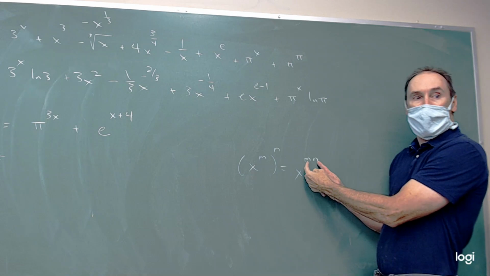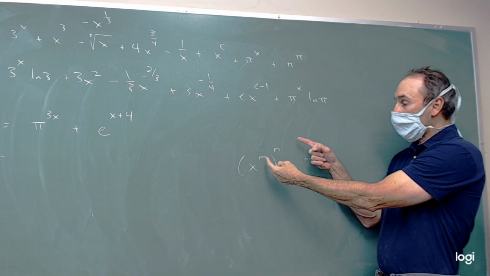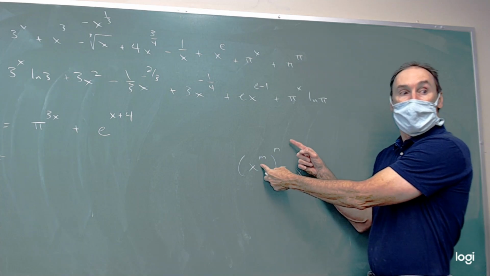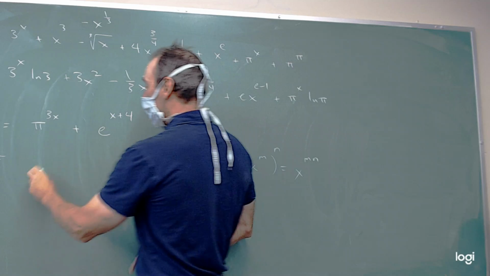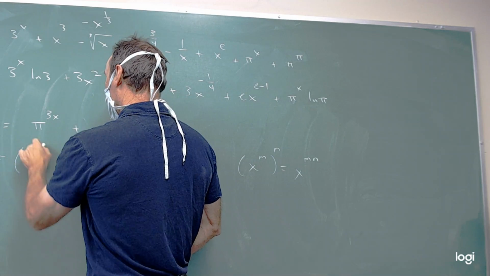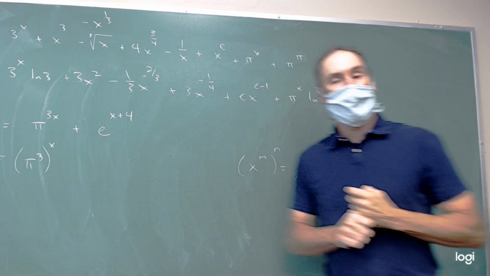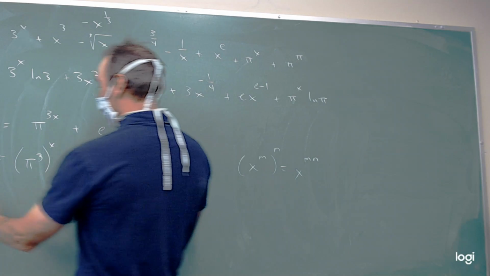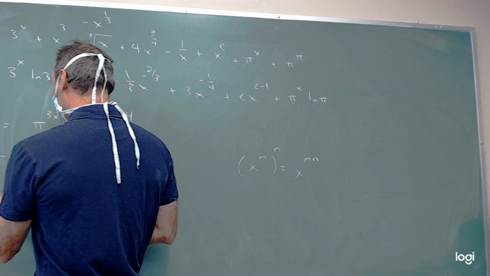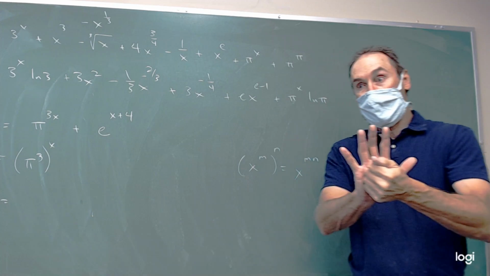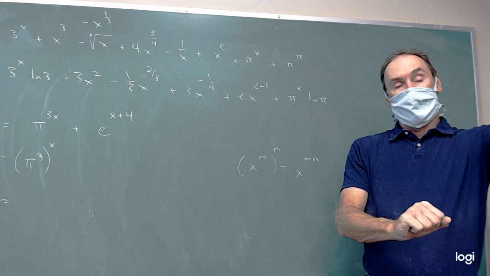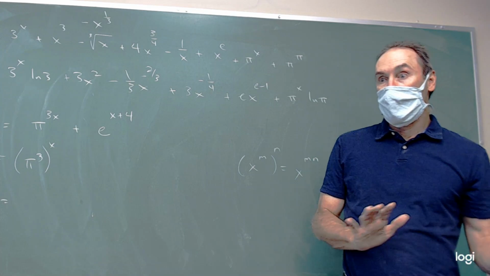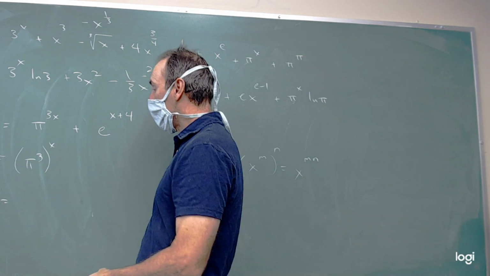We have a 3x, so we can write that as pi to the third, to the x. Can you see that? If we think of it that way, then when we take its derivative, that's really a to the x, which we know the derivative is a to the x natural log a. So what will that look like?